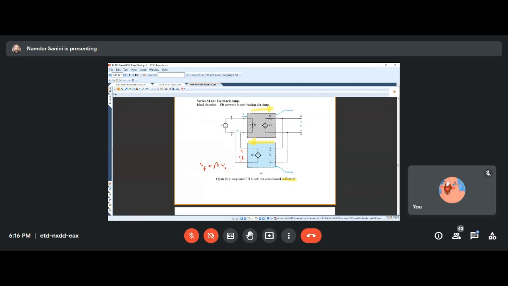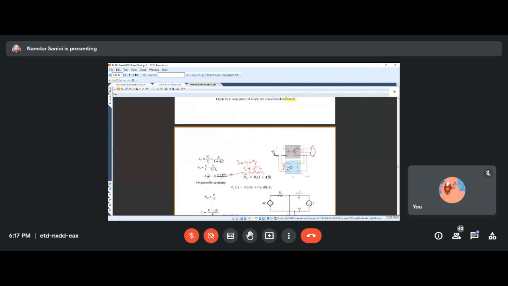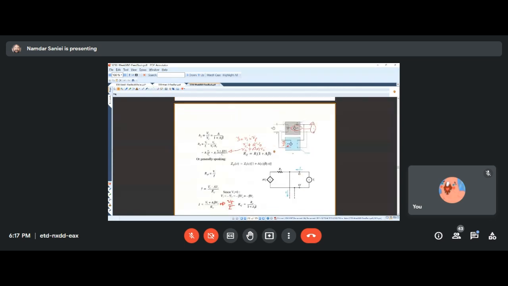And also we considered the two blocks, the amplifier and the feedback network, to be unilateral, which means the signal moves in one direction, left to right in the amplifier, right to left in the feedback network. So that helped in idealizing the feedback network.